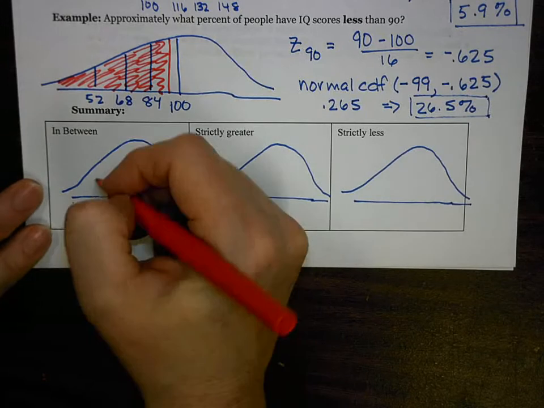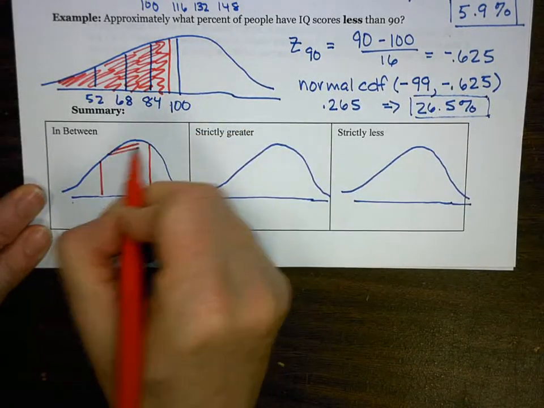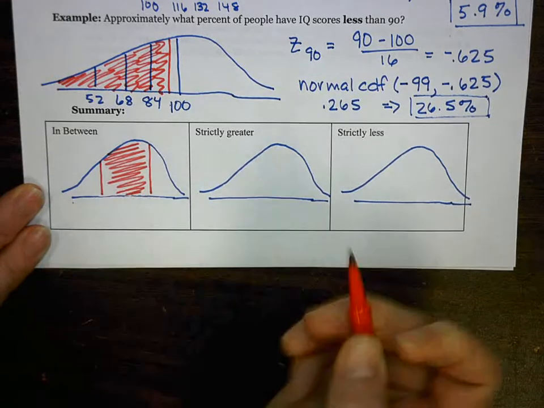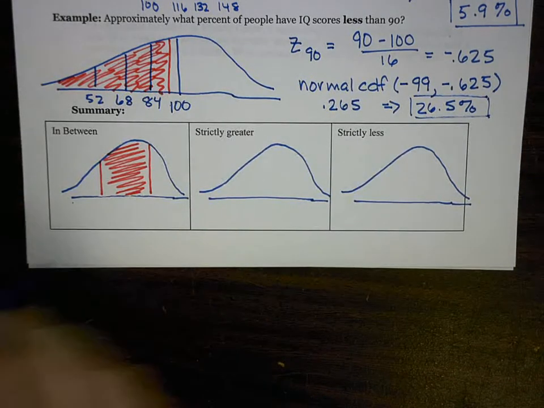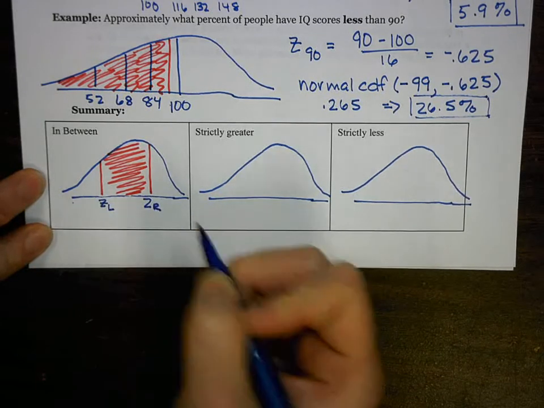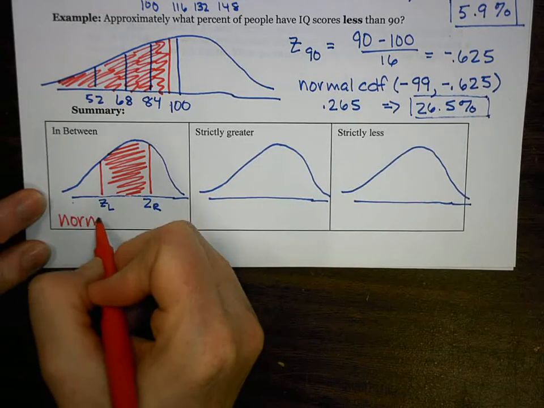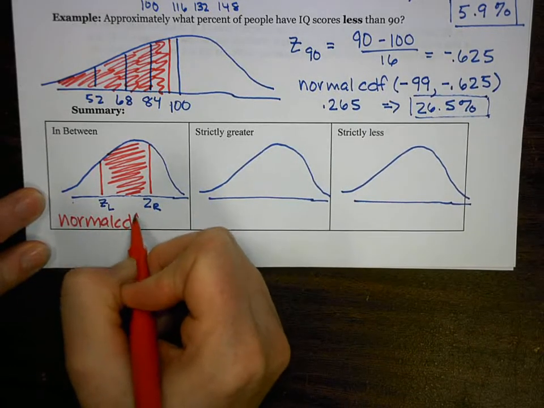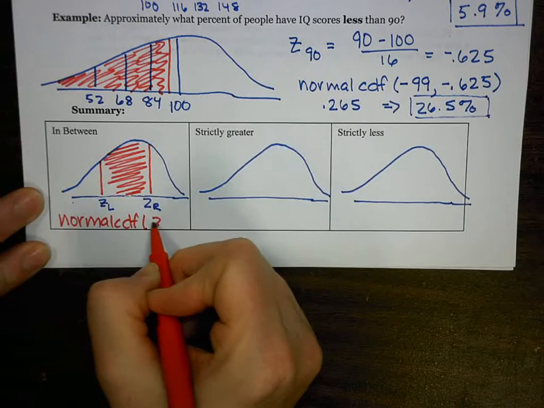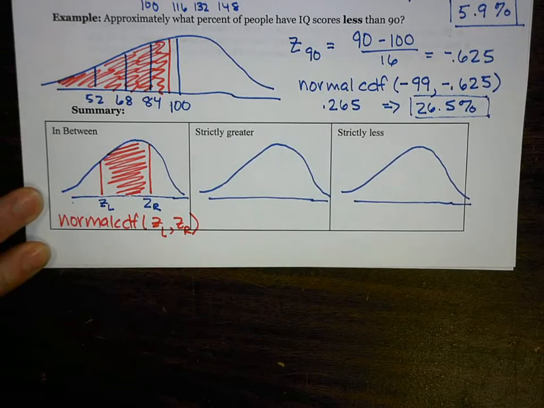And now we want to say, all right, if we're doing in between, we're going to have a z left and a z right. And we're going to do a normal CDF with the two values, z left, z right.